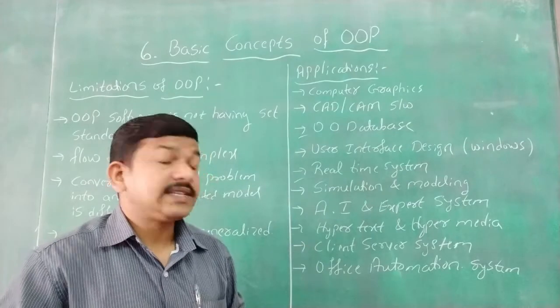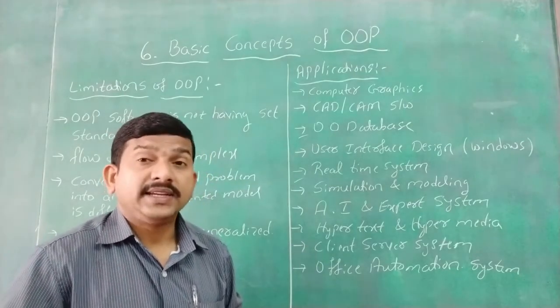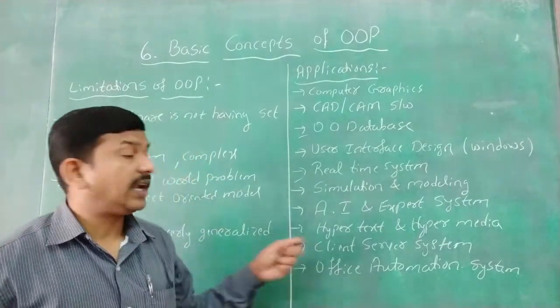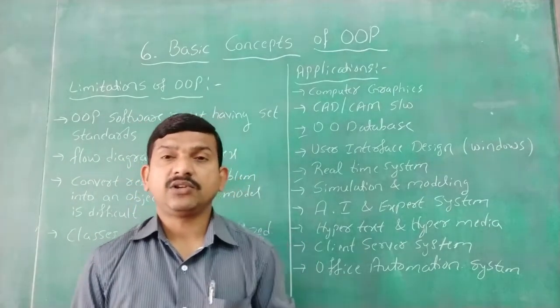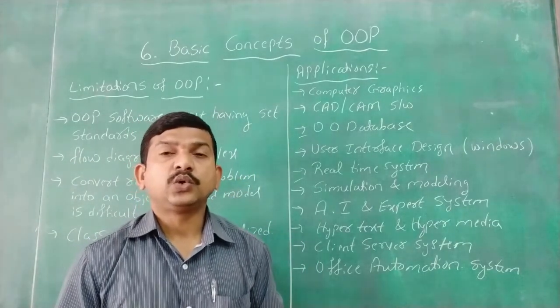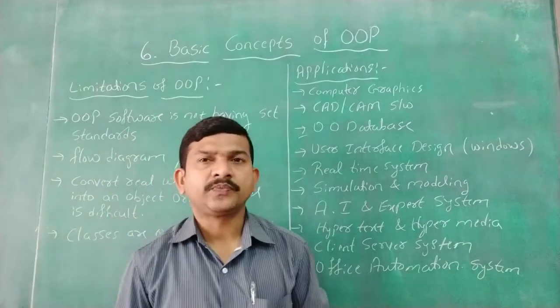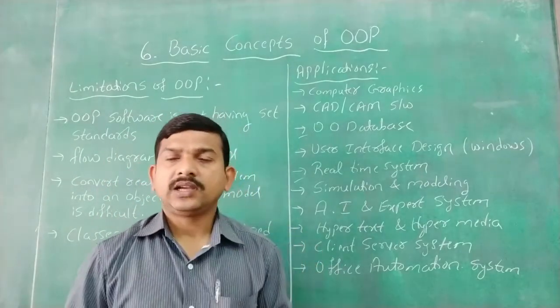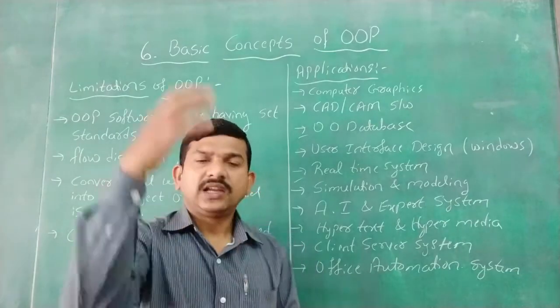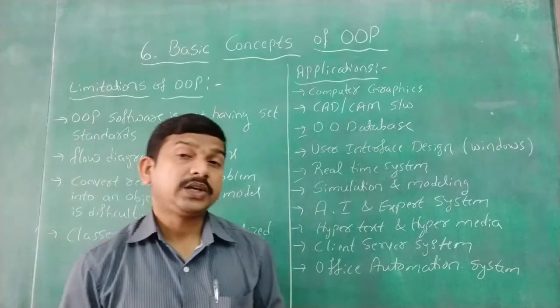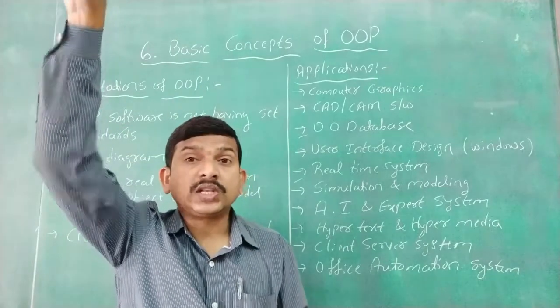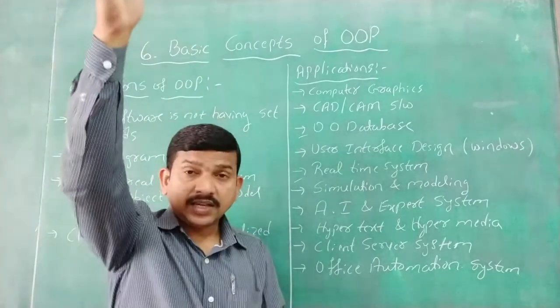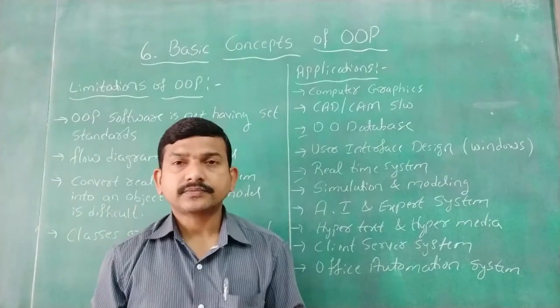Similarly, client-server system. Client and server system. We learn this in database. So client and server means what? Suppose I need some information in Google, and we type it in Google. After typing, if you press enter key, it gives some result. How does it give? Whatever you type, it will send to the Google server. From there, the result will come back.